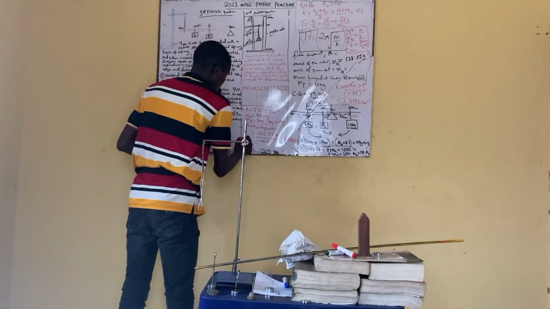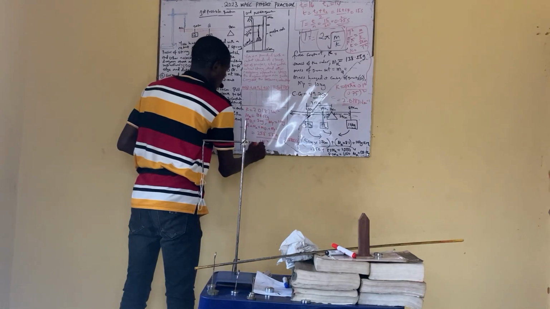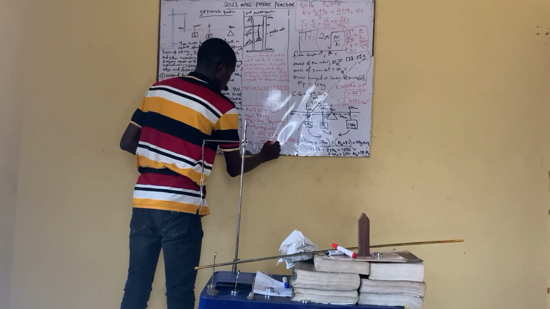So now we can get our T using this formula. T is equal to 2 pi root M over K. Let's try what we're going to get first.